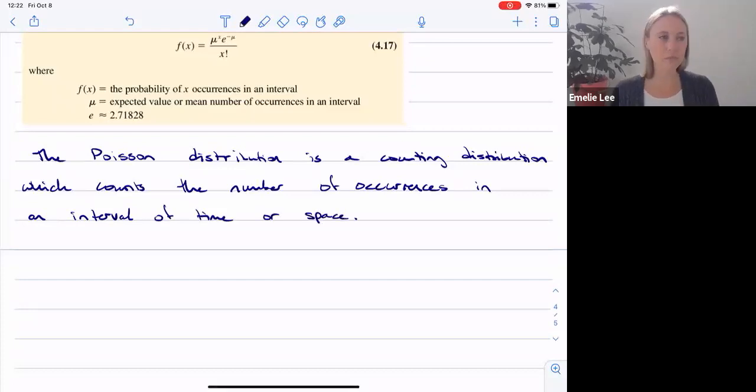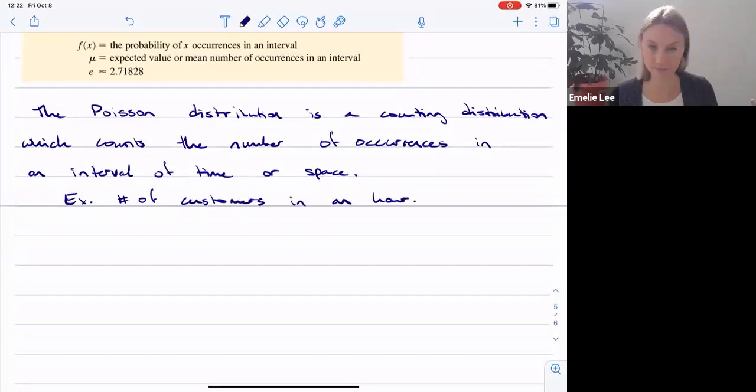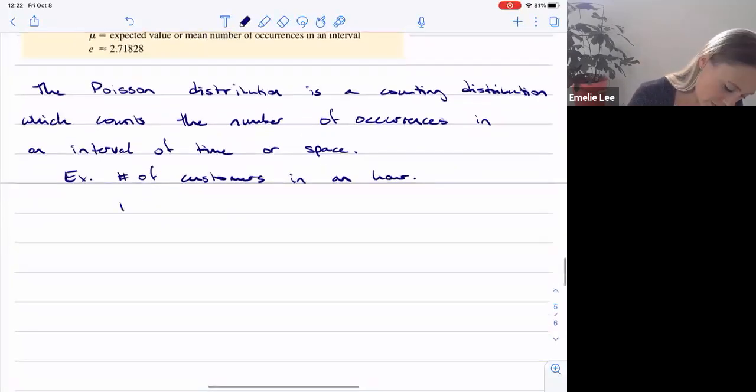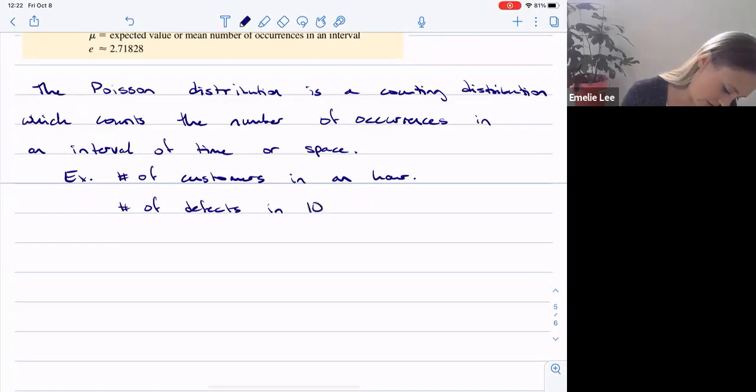Okay. For example, number of customers in an hour or in a day or whatever, just as an example, or number of defects in, I don't know, a yard of fabric or something, in 10 yards of fabric.